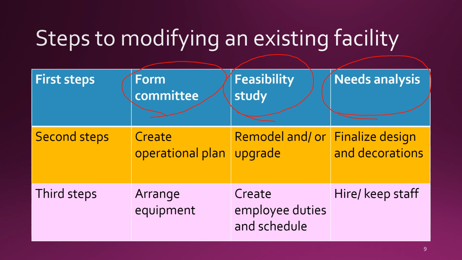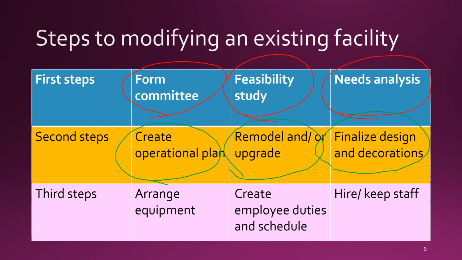Second step, we're going to create an operational plan. Okay, in our second step, we're going to create an operational plan, remodel or upgrade if needed, depending on what type of shape our equipment is in, and then finalize design and decorations as well.